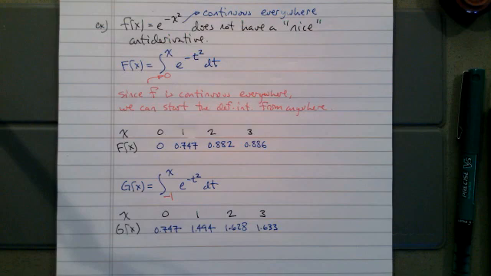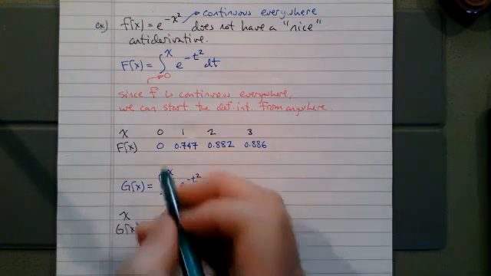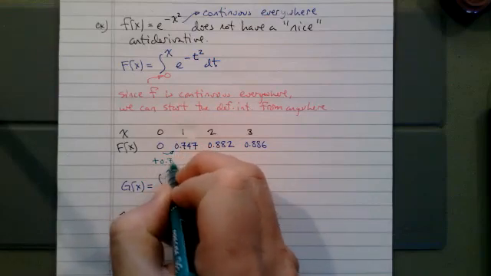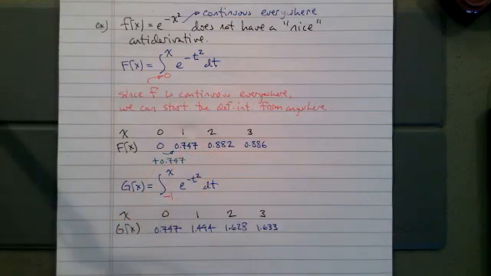Moreover, if we look at the amount of change, from 0 to 0.747, here we see an increase of 0.747. The change from 0 to 1 is 0.747. We also see that same change in g of x. This has all just been shifted up by 0.747 units. So we have an increase of 0.747.